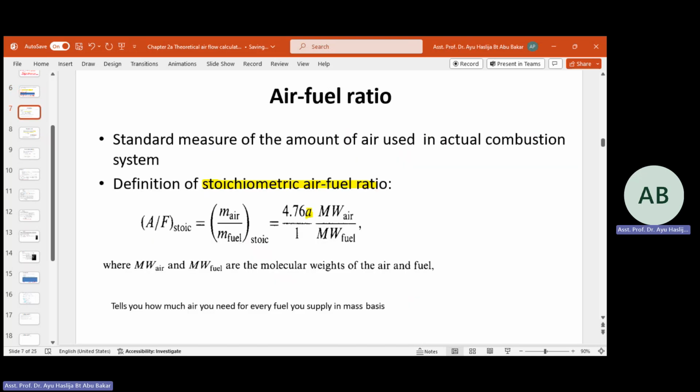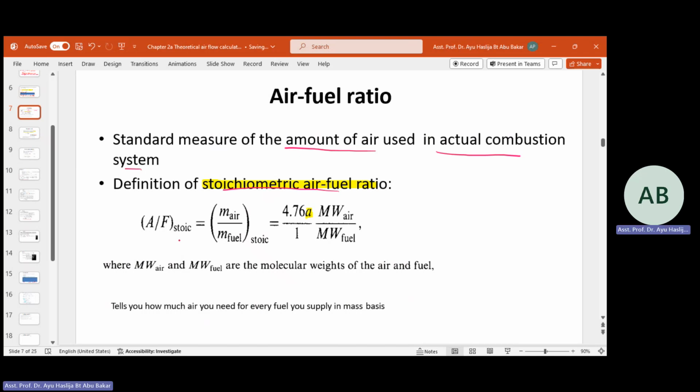Okay, today, we will go through the air-fuel ratio, which is a standard measure of the amount of air used in an actual combustion system. Definition of stoic air-fuel means the minimum fuel that is required for the combustion.